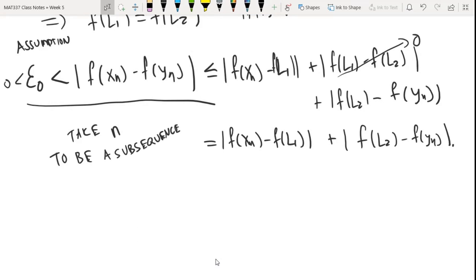Let me change the notation a little bit to make it clear. So call this K. And then for one guy, take it to be nk.